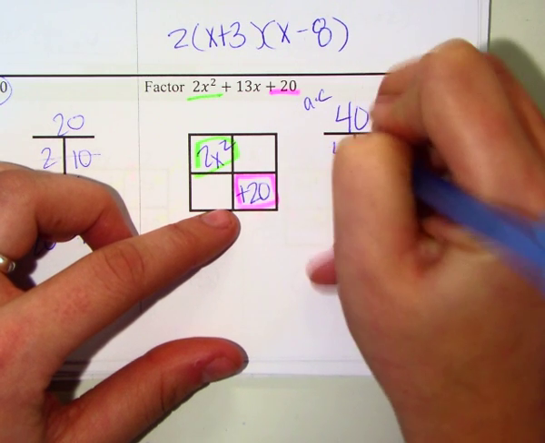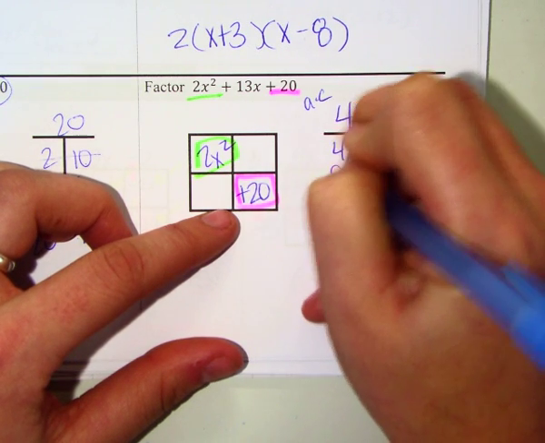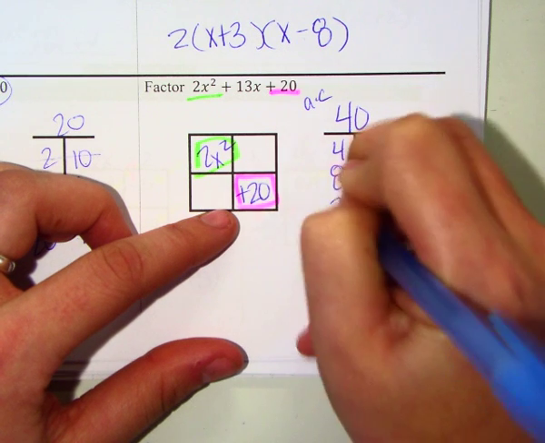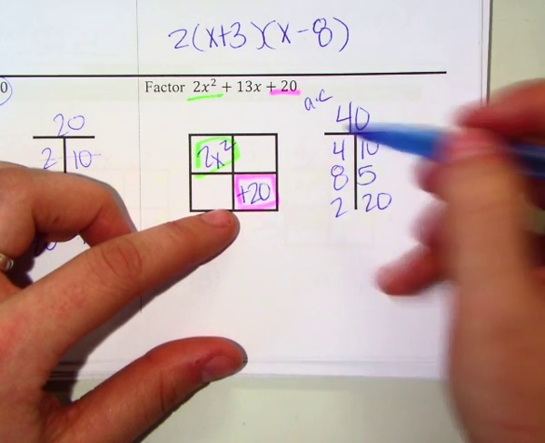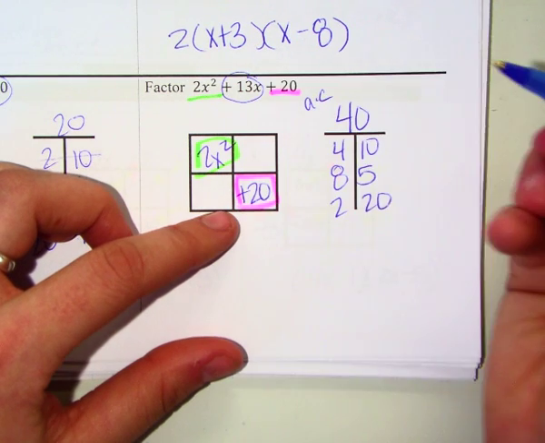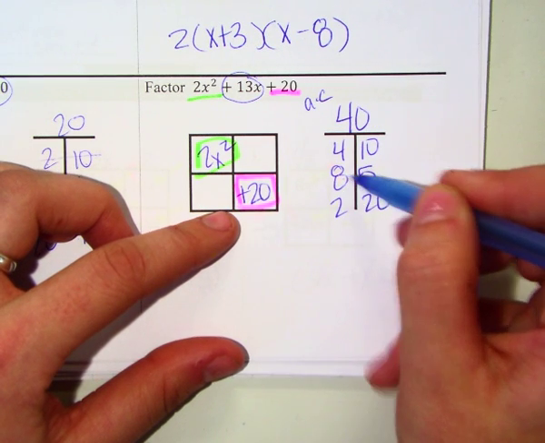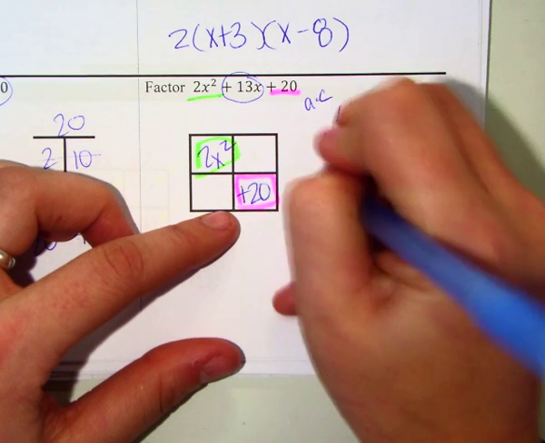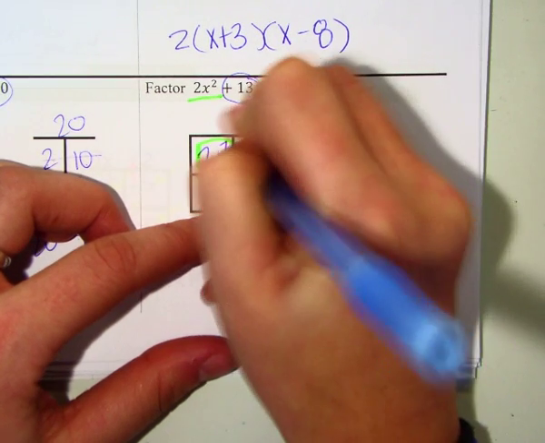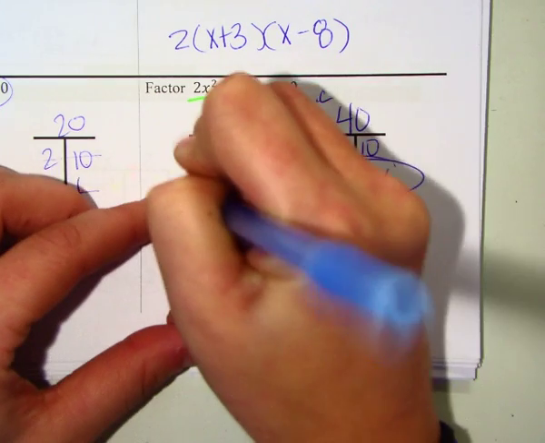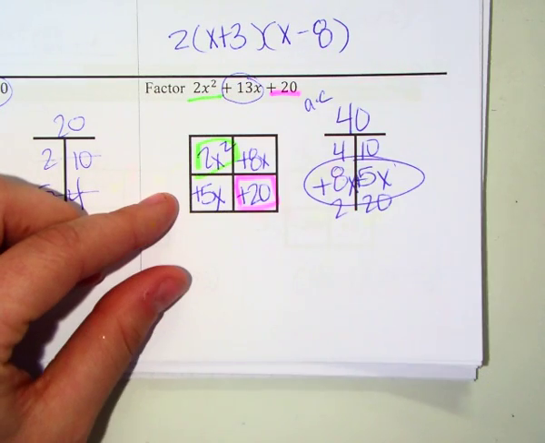Factors of 40: 4 and 10, 8 and 5, 2 and 20. Sure, there's more. But I'm looking for two numbers that combine to give me 13. Well, 8 plus 5 is 13. So positive 8x, positive 5x goes in these two boxes.